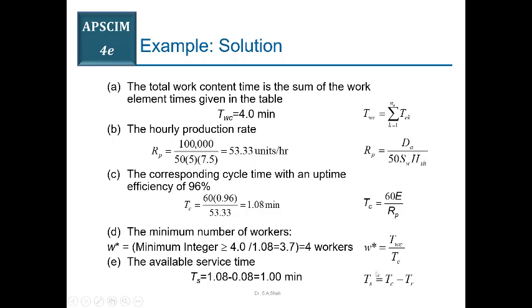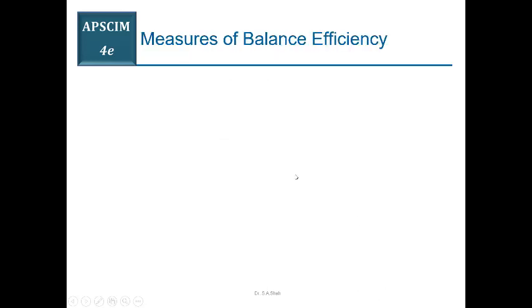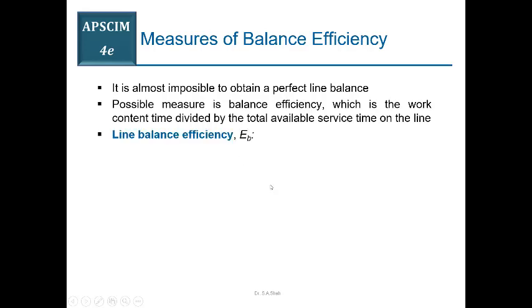So for this example we will have Twc, the total work content time, divided by the service time. लाइन की जो बैलेंस एफिशिएंसी है दैट इज represented as E with a prefix B. सिंपल E जो है उसको लाइन एफिशिएंसी कहा जाता है, जो लाइन लॉसेस आपके पास आती है. बैलेंस एफिशिएंसी इज डिनोटेड बाय E with a prefix small b.